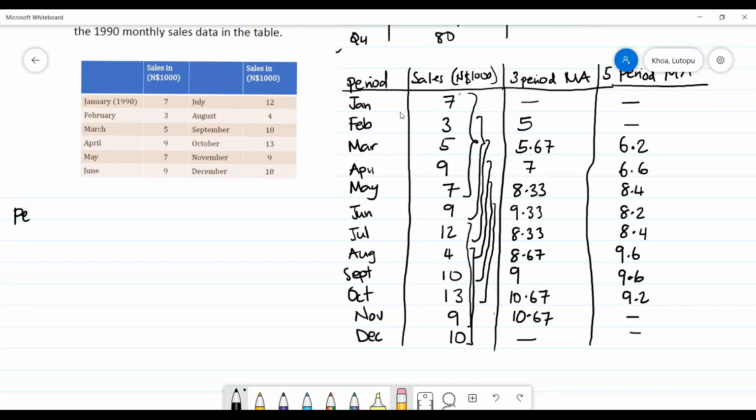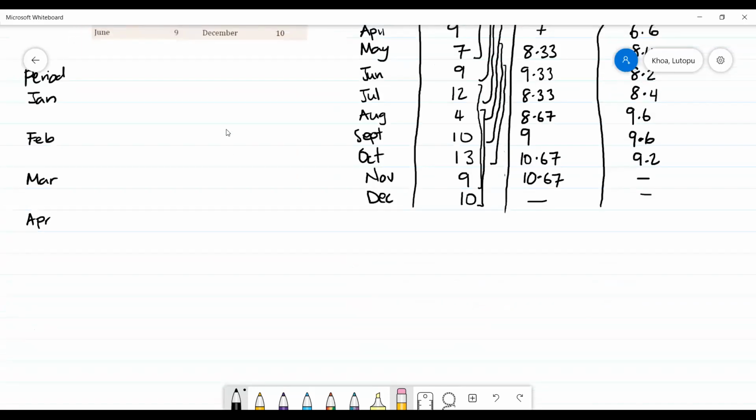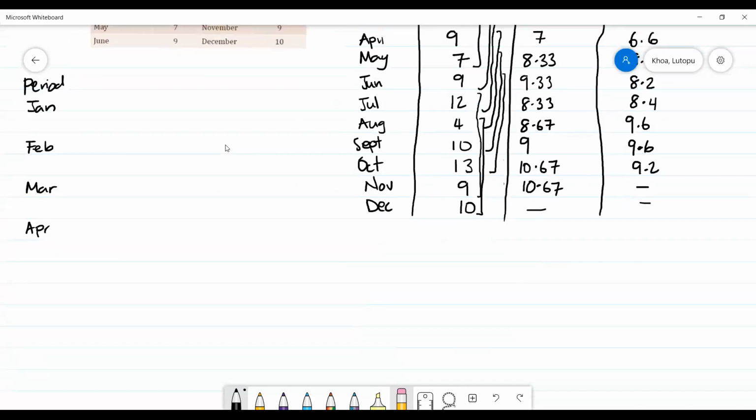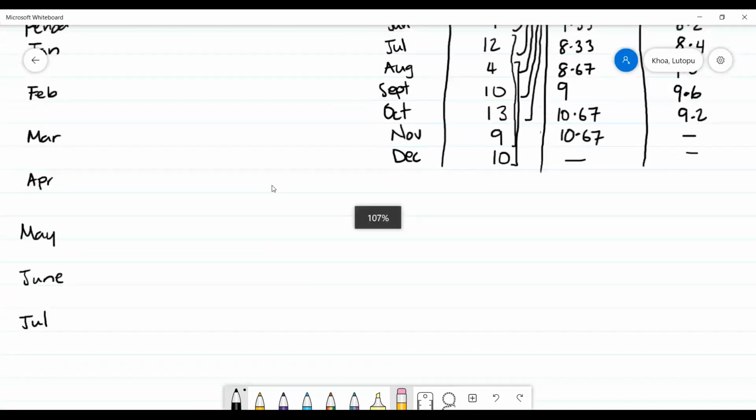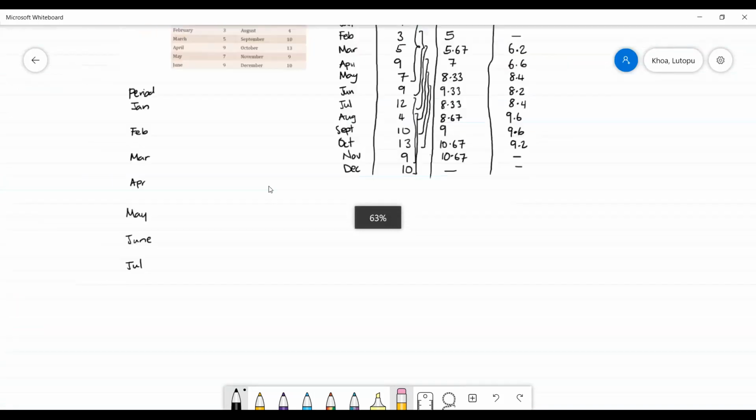We have period here and January, then I'd leave a space for February, then March, April, May, June, July. Okay, we need to make this smaller.